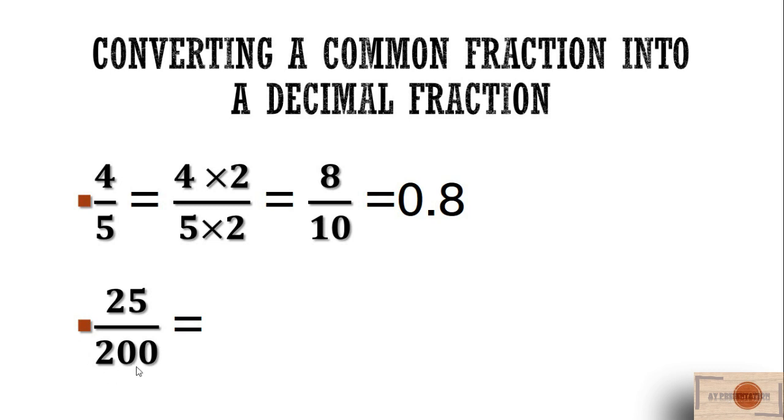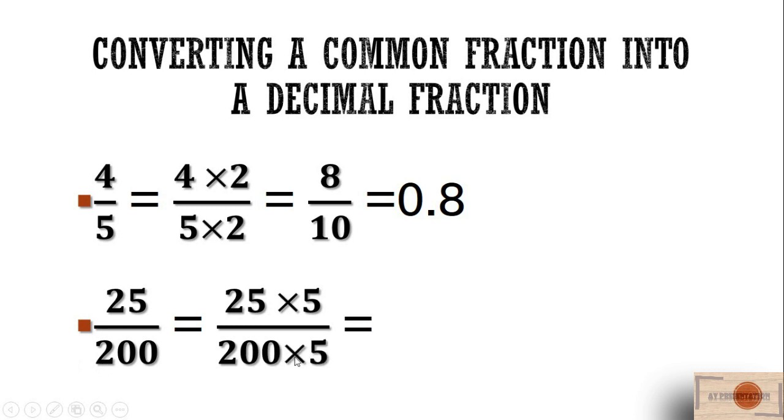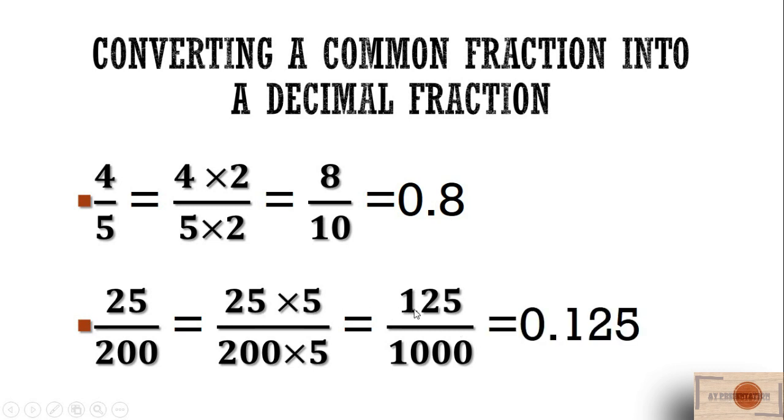So now we convert 200 into a multiple of 10. 25 and 200 are multiples of 5, so we can easily convert 200 into a multiple of 10. 25 multiplied by 5 is 125 and 200 multiplied by 5 is 1000.